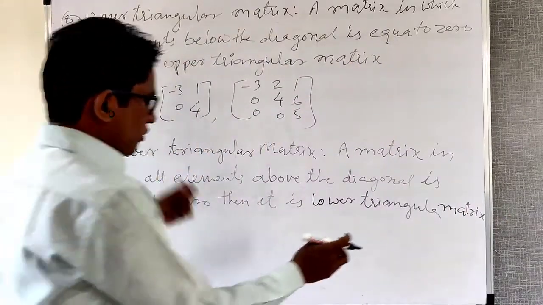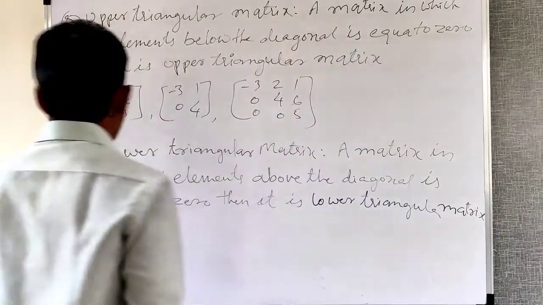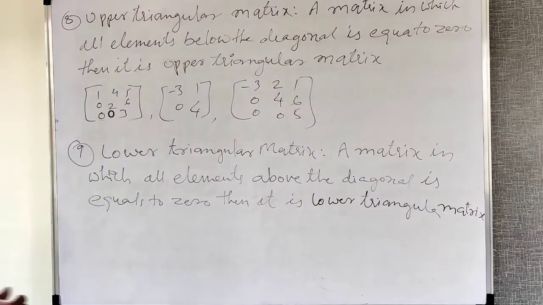So what is a lower triangular matrix? All elements above the diagonal are 0.